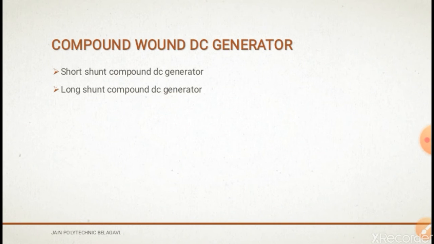So the next one is about compound wound DC generator. As we know that there are two connection diagrams, either series or in parallel. So in case of compound wound DC generator, both the combinations are used and these are again classified into two types. Those are short shunt compound generator and long shunt compound generator. So we will see one by one.